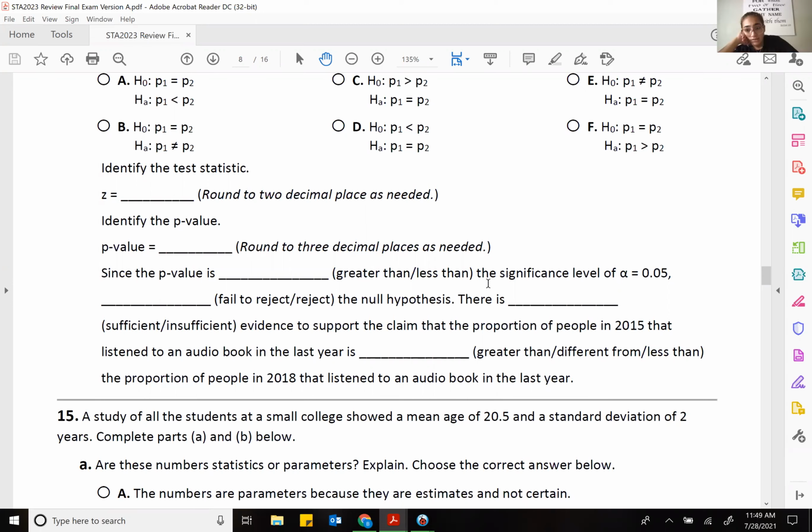Less than. Yes. We have enough evidence to support our alternative hypothesis. Any questions on number 14?